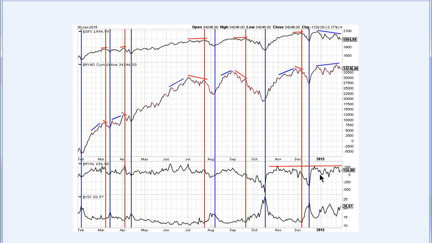If we see a positive number, for example Friday we got a positive 156, that means there are 156 more new 52-week high issues than new 52-week low issues. Now that doesn't mean that there are 800 new lows and 956 new highs. It could be 256 new highs and 100 new lows. So the net is still 156.